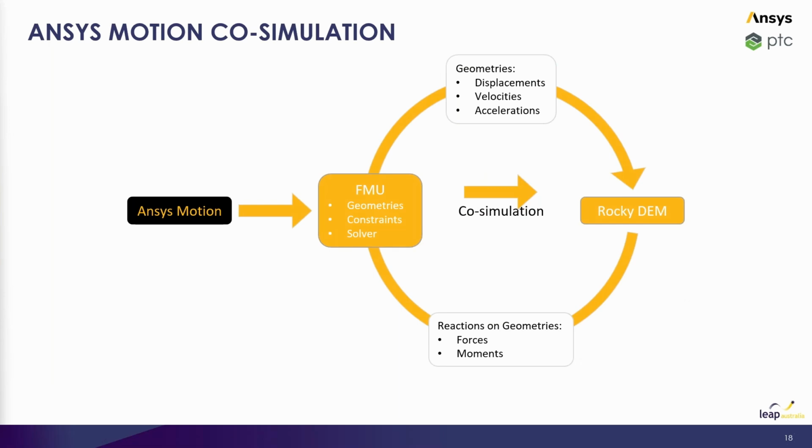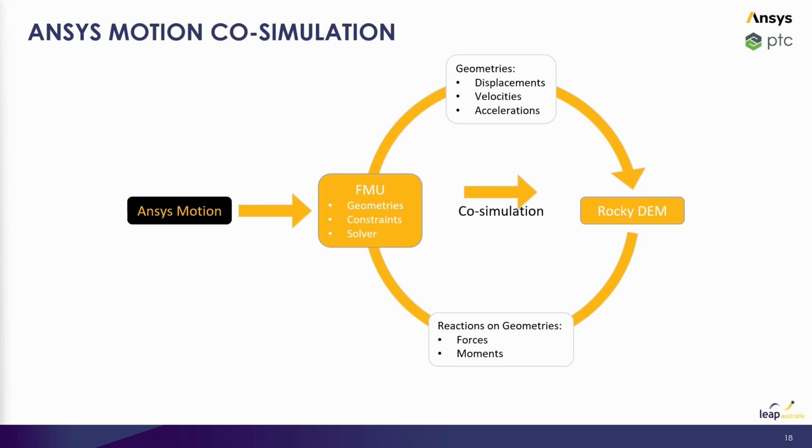This coupling is essentially executed through an FMU. Now, this FMU file includes all of the necessary information to describe the geometries themselves, as well as their motions.